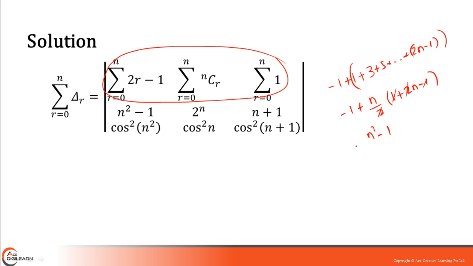And the next element we get by substituting the r values nC0, nC1 and so on to nCn, which we know is 2 power n. So the next element will be 2 power n. And the next, sigma of 1 for r from 0 to n, we get 1, 1, 1, 1 and so on, n plus 1 times. So 1 added n plus 1 times gives n plus 1.